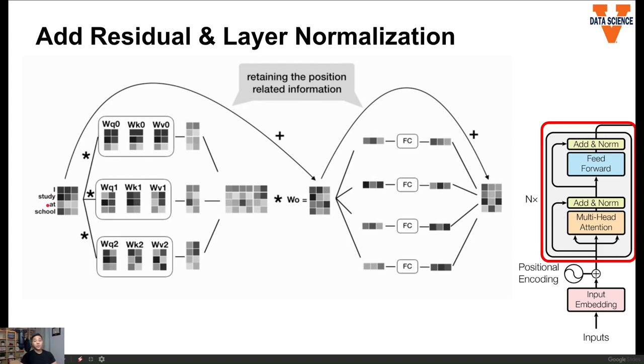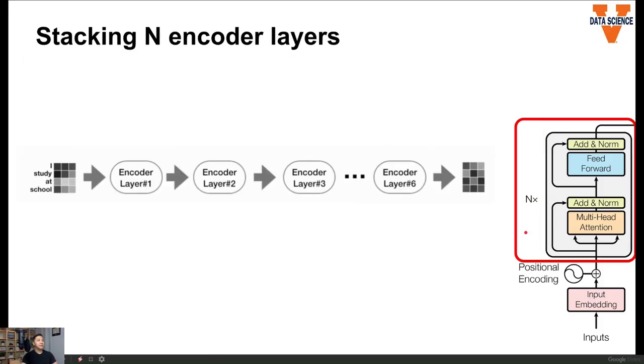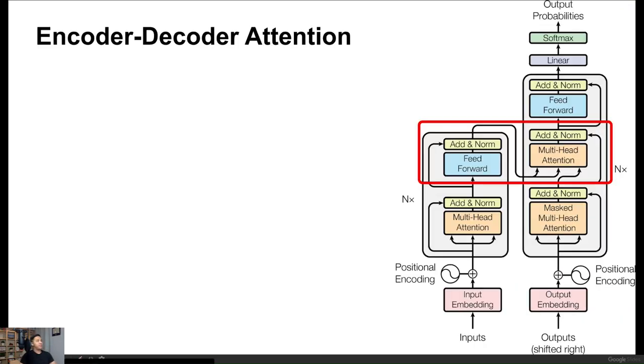If I'm able to do this, I can repeat the whole process over and over again. So that's why this encoding layer can happen N times here. So with input, I can keep passing it through itself 6 times in the original paper and get a same-size matrix here. It's called the context matrix. So what I'm going to do with this context matrix is use it for the encoder-decoder attention mechanism.